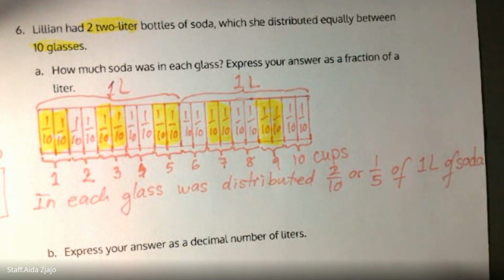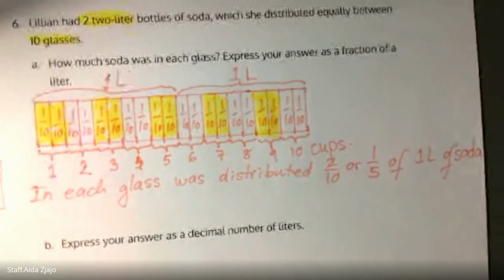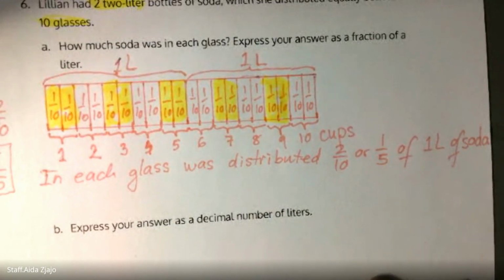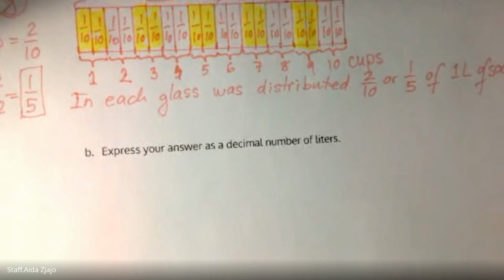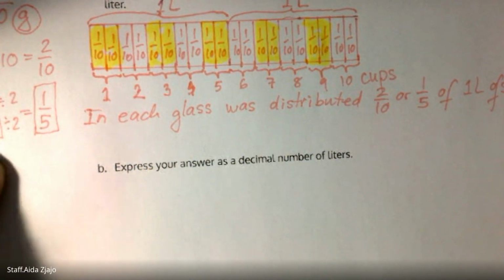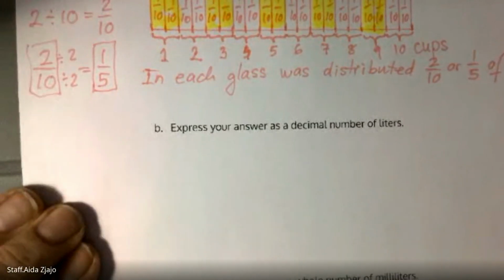1 liter of the soda, because you're gonna get 2/10 of 1 liter. Express answer as a decimal number of liters. So now, when you think about this, we can think how we can explain what 2/10 means as a decimal. There are several ways that you can do it.